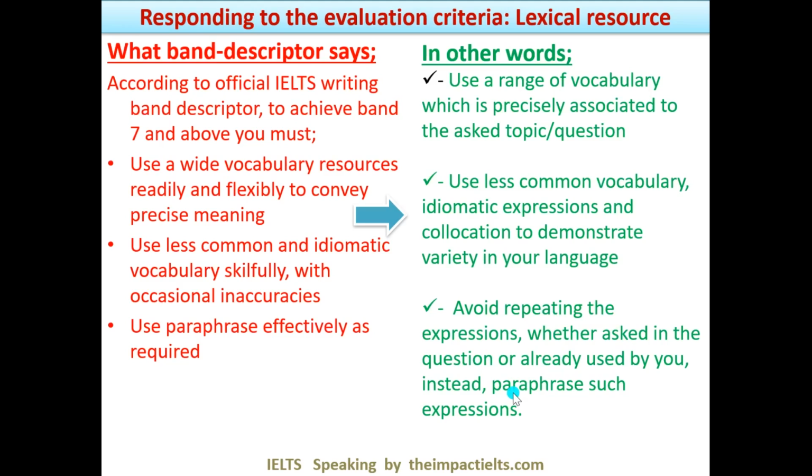If possible, avoid that. Instead, you can simply say, oh yeah, I enjoy that, because so you avoid the repetition. So I used, instead of like, the word enjoy.